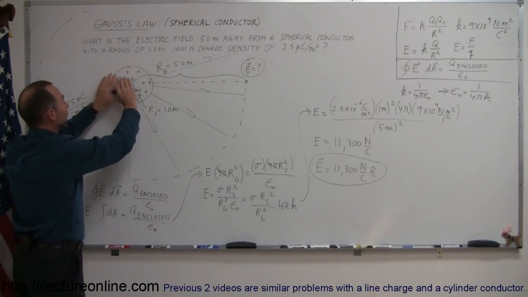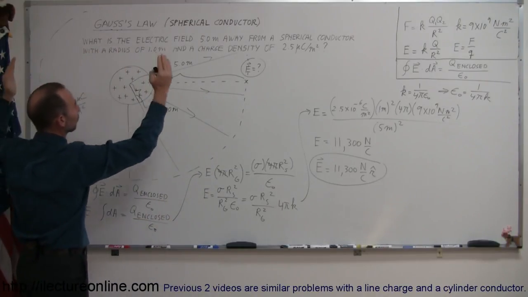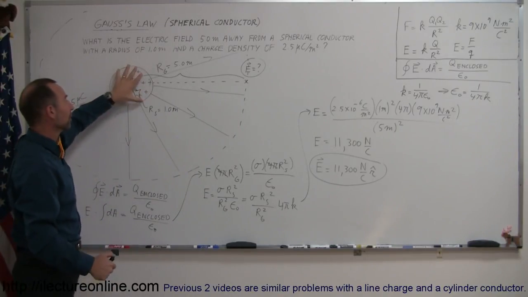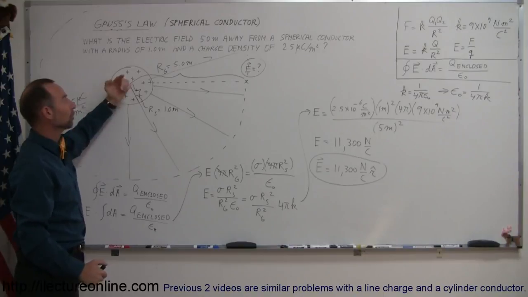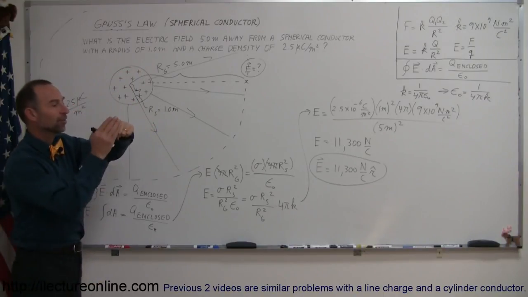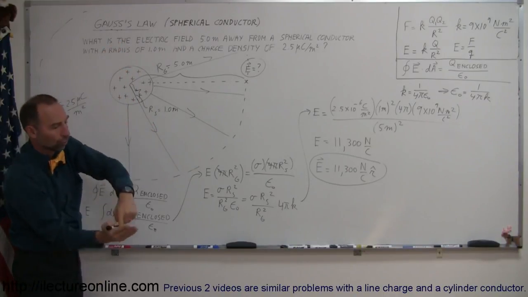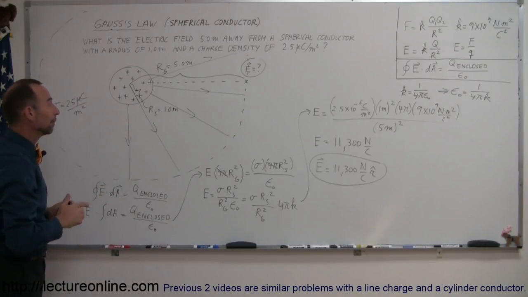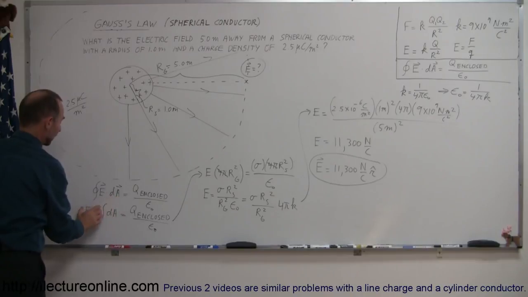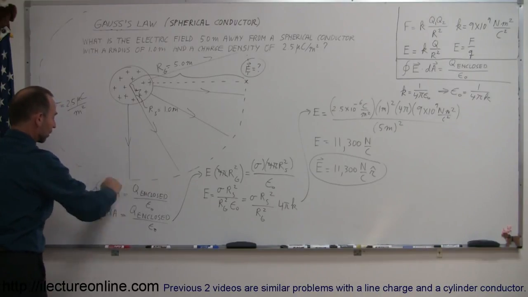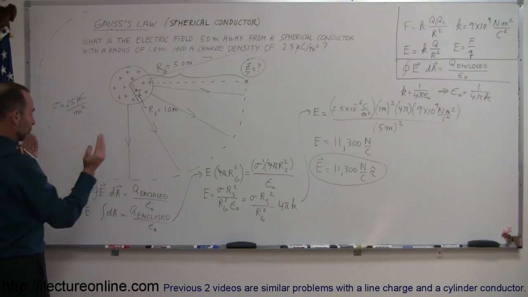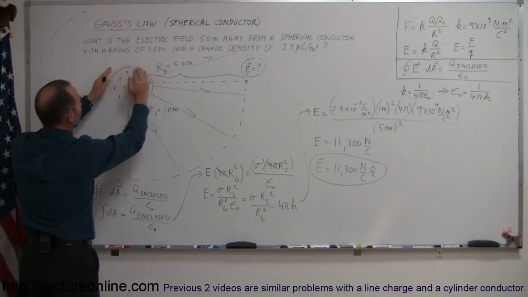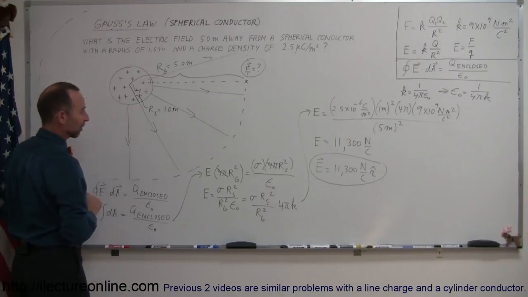Since the object we had was a sphere, the Gaussian surface should be a sphere as well, so that the electric field emanating from the charged object will be radially outward and will be the same everywhere along the surface of that Gaussian surface. By using Gauss's law, we can then multiply the electric field strength, which is constant along the surface, times the area of the surface, which is equal to the charge enclosed by the surface, which is the total charge contained on this sphere, divided by epsilon sub naught.